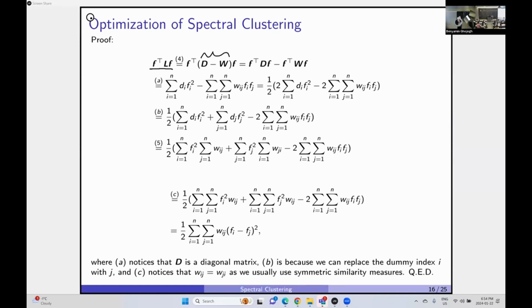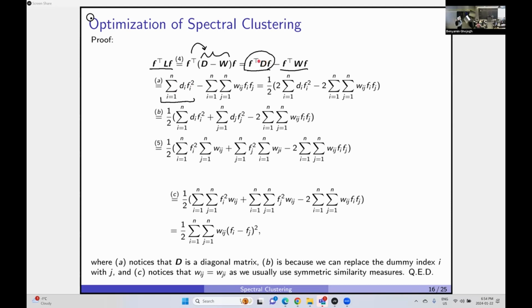Now I multiply the terms to each other. So I will have F transpose DF minus F transpose WF. Then I write them in a scalar form, element-wise. Summation of di fi squared, because this is quadratic with respect to f.